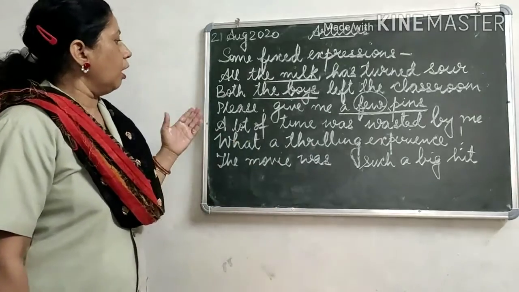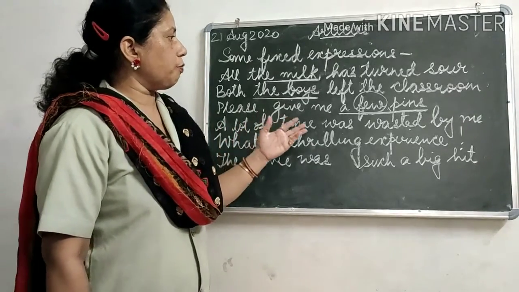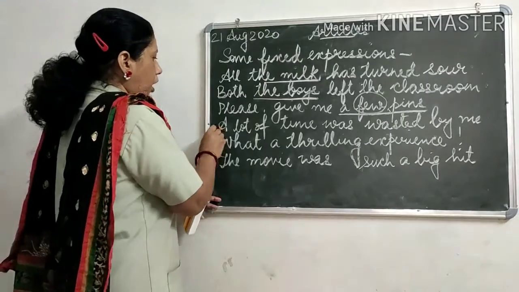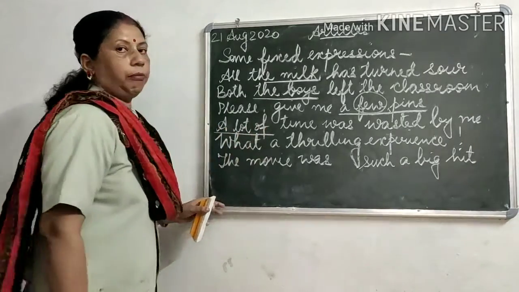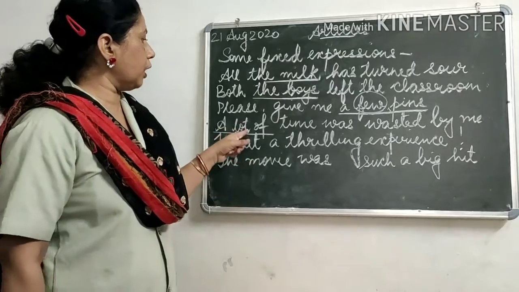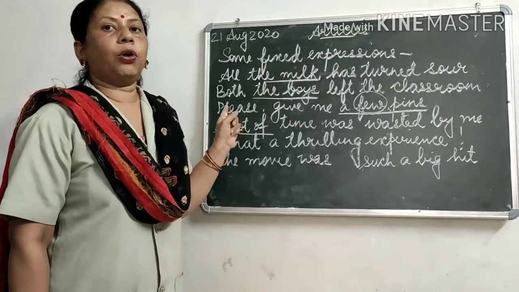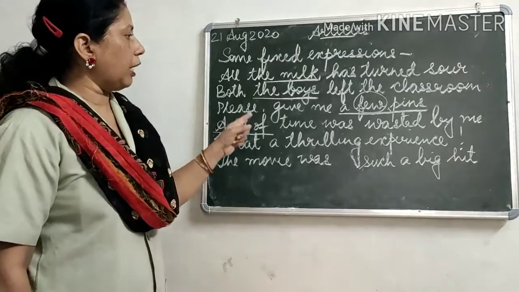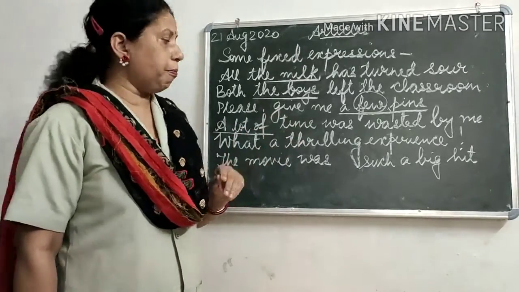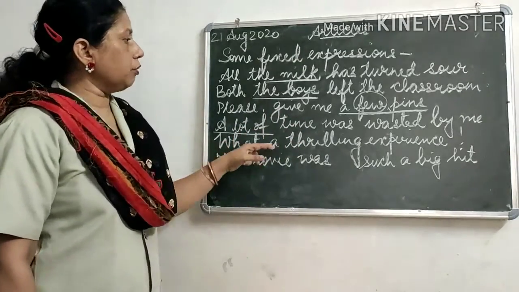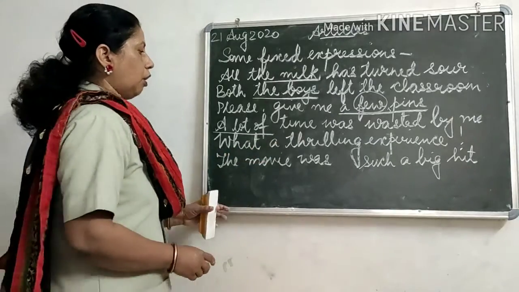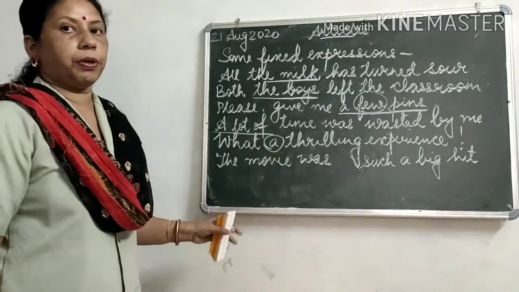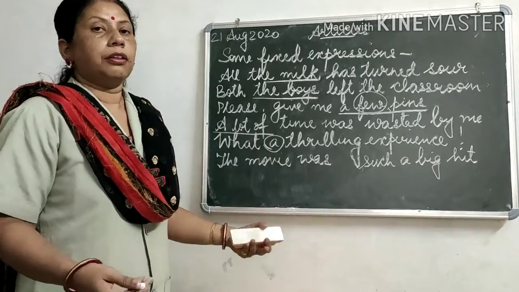Okay. Then a lot of time was wasted by me. Now again here you see a lot of time. Okay, again I am using it before my quantity word lot. Okay, so here a lot of time was wasted by me. What a thrilling experience. So now again here I am using a thrilling experience. How was the experience? Thrilling.